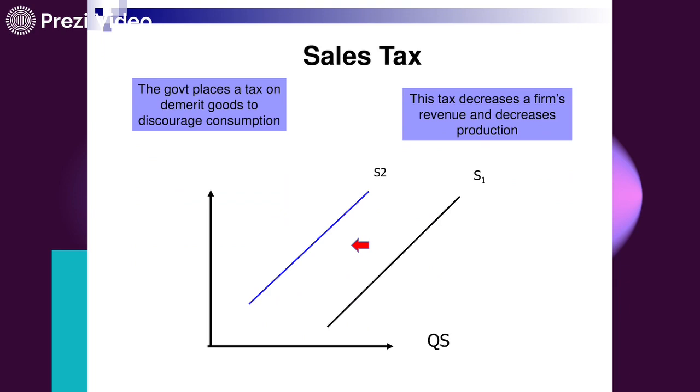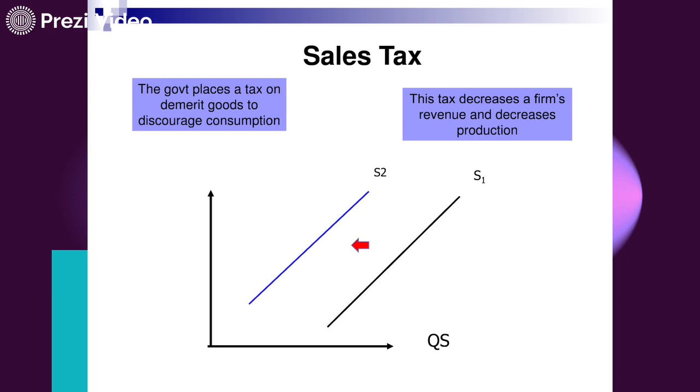A sales tax. So if the government places a tax to discourage consumption, so we could think of perhaps like tobacco has been taxed quite a bit. That's because the government are trying to discourage people consuming it. That's going to decrease a firm's revenue.